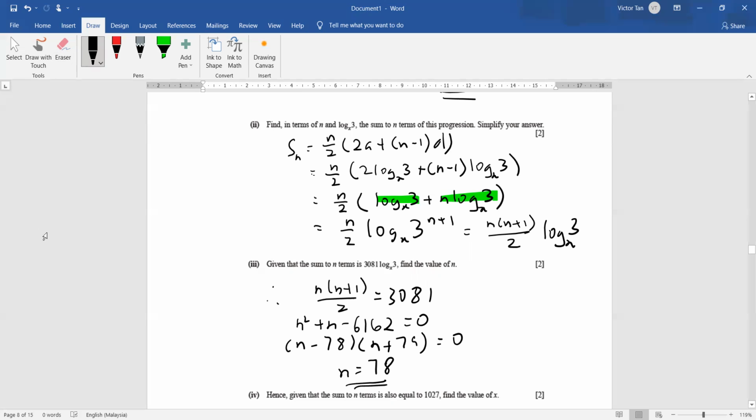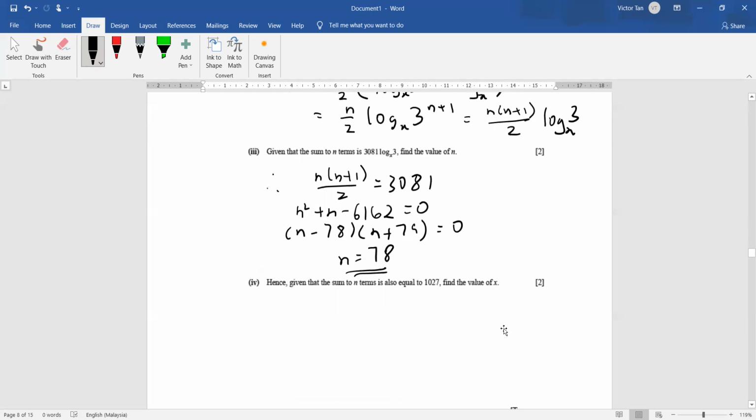Hence, given that the sum to n terms is equal to 1027, find the value of x. Okay.